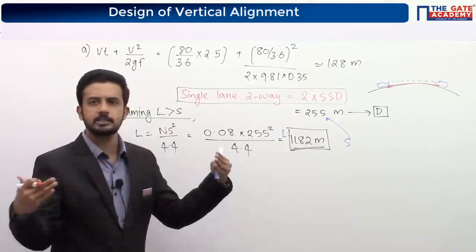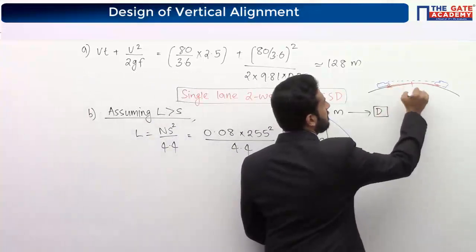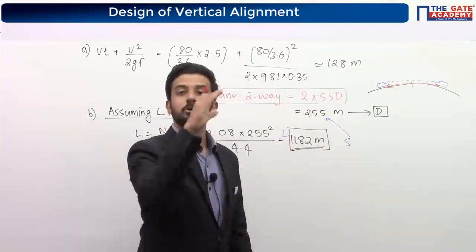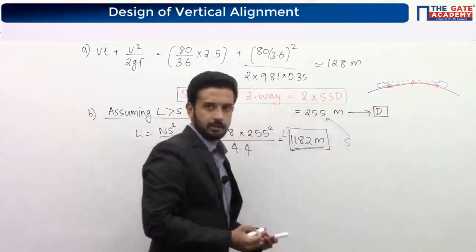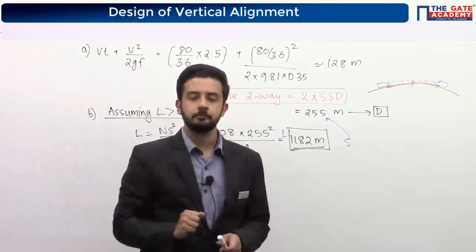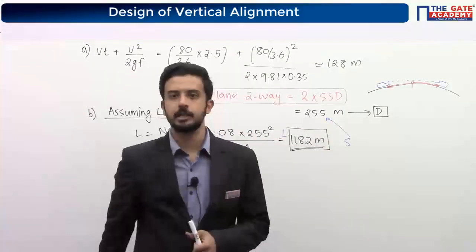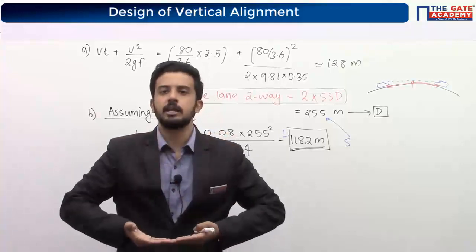It may not always be 2 vehicles coming, right? So some part is on the upward gradient and some part is on the downward gradient. Understanding? It's not completely upward gradient, it's not completely downward gradient. So both are happening on a summit curve or a valley curve.